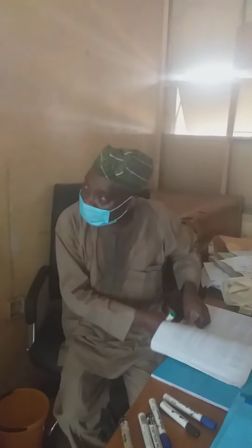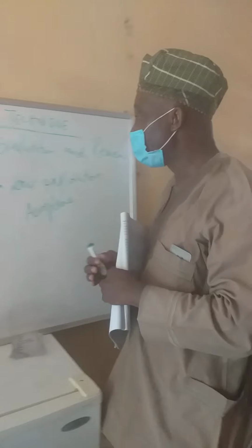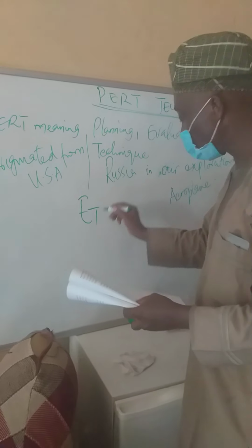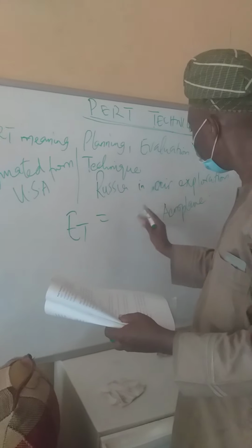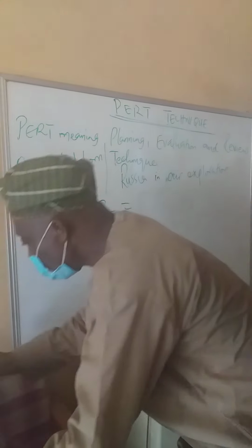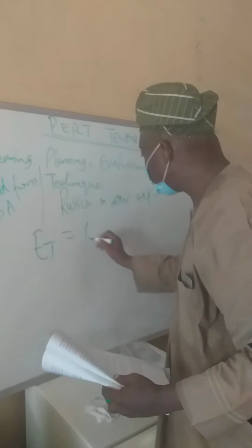So, after they dismantled the aeroplane to the last one, and they saw the components, they designed a formula which they put as ET is equal to OT.